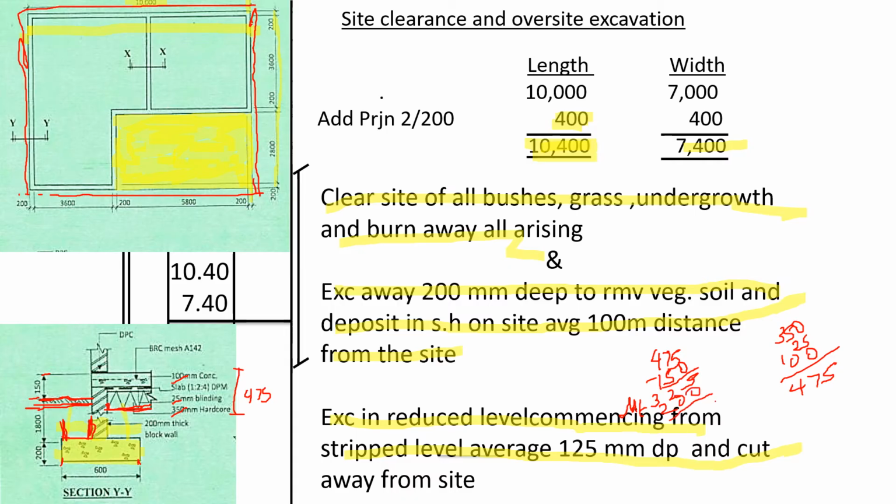So we shall remain with 125. Now this 125 is this one here. We shall reduce the level commencing from stripped level, an average of 125 millimeters deep, and cut away from the sides. So I hope that is clear.